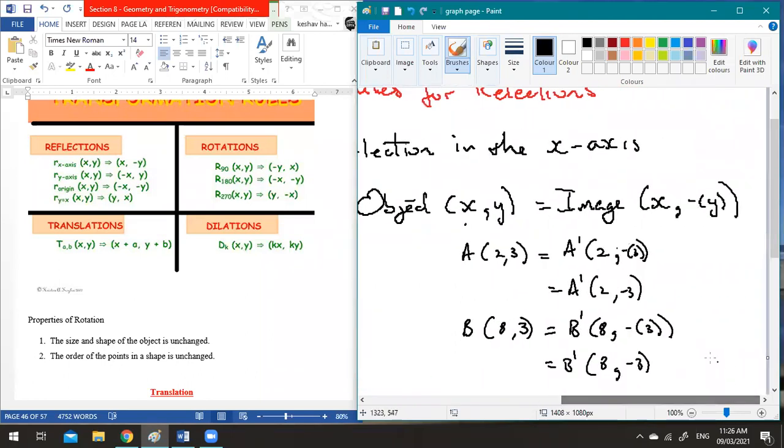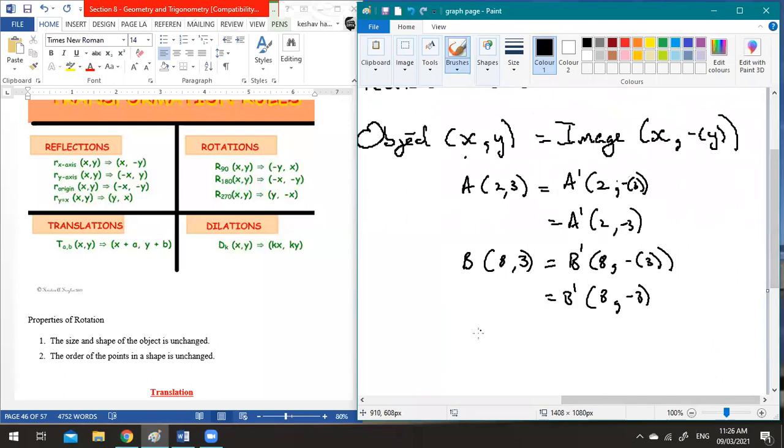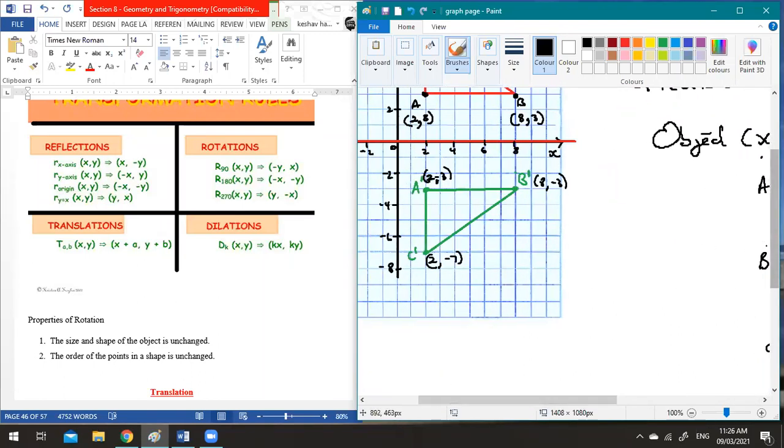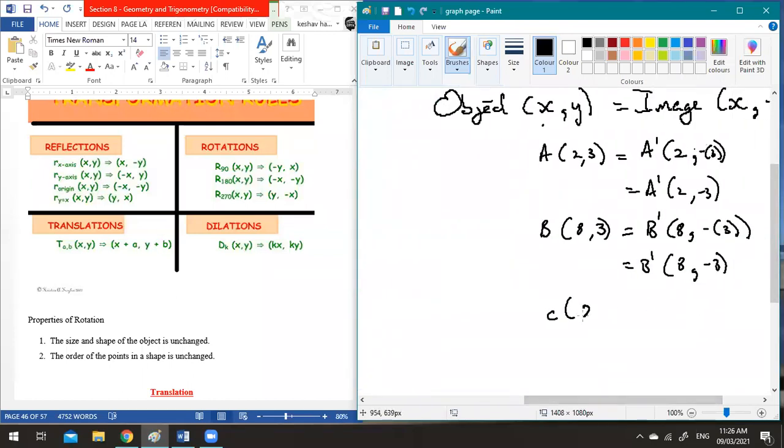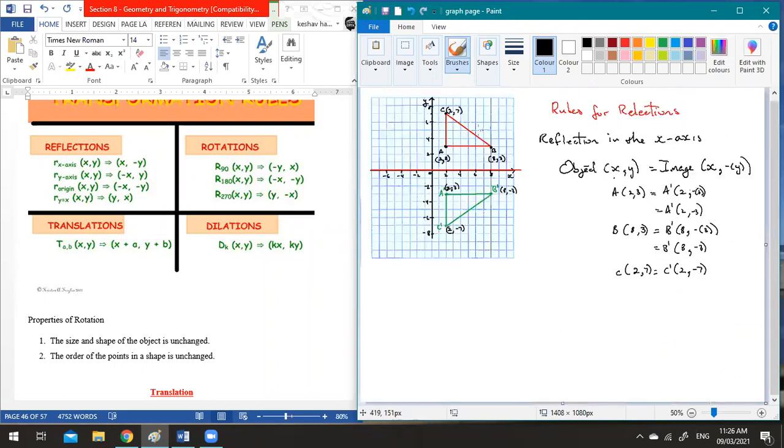And the last one, for C, the point was 2 and 7. So the image will be 2, and you just put a negative sign in front of the 7 to get -7, right? And that's what we see in here. So that's the rule for reflection on the x-axis.